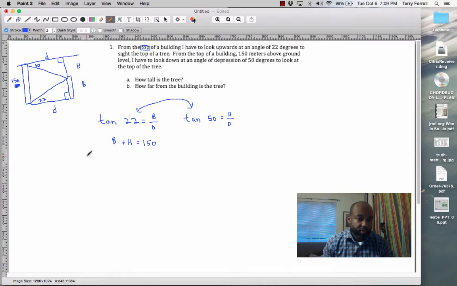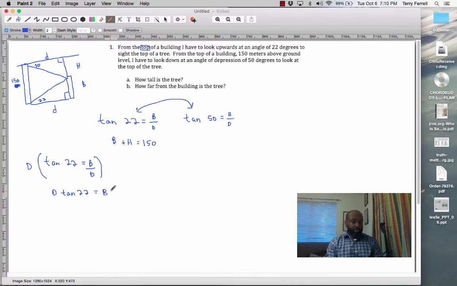So let's take this first one over here and solve it. I'm going to take tangent of 22 equals B over D. And I want to solve this for, what did I say, B? So I'm just going to multiply everything by D. So I'm going to have D tangent of 22 equals B. Alright, so far.